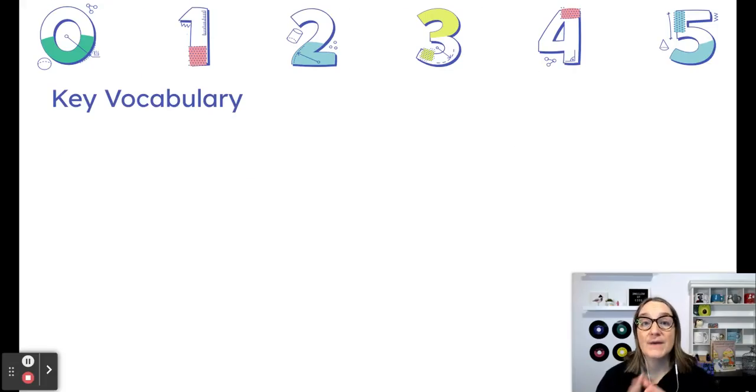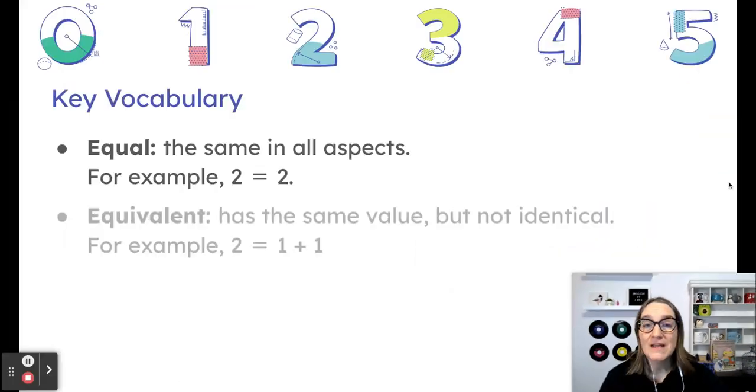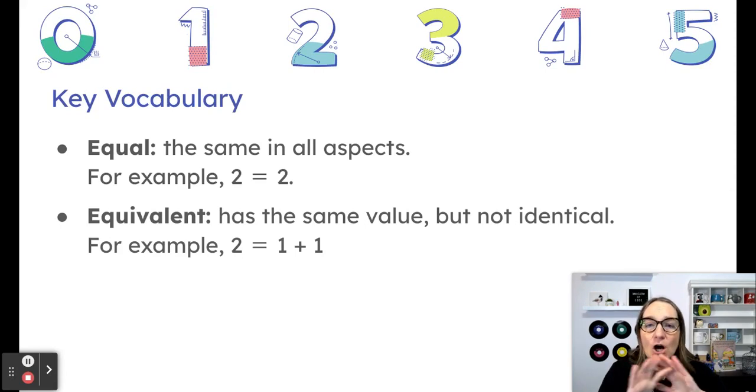This is a good time to stop and go over some key vocabulary. You may have noticed that I said we use the equal sign to show the two expressions are equivalent. It's important to know that in math, equivalent is not quite the same as equal. Equal means the same in all aspects, whereas equivalent means similar but not identical. For example, 2 is said to be equal to 2, but equivalent to 1 plus 1.